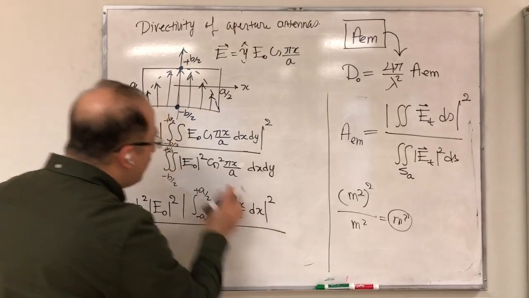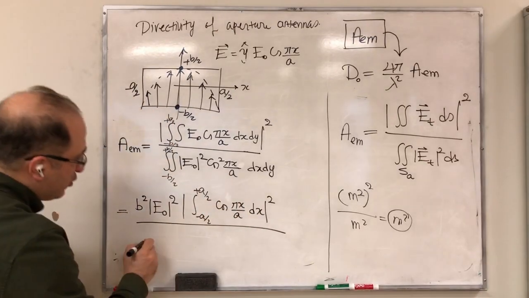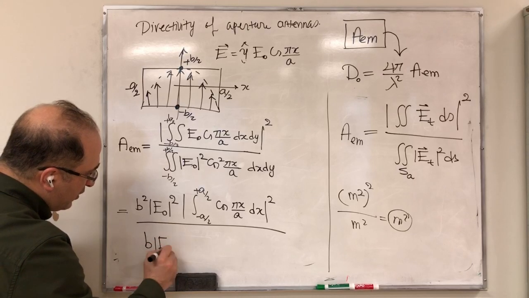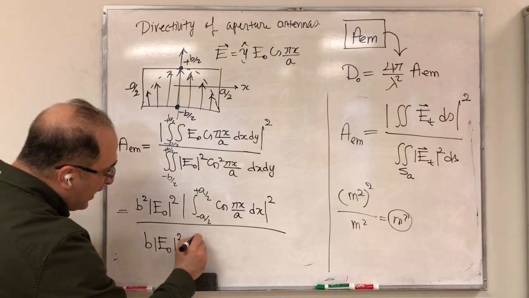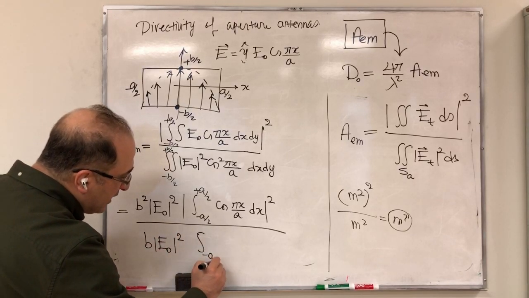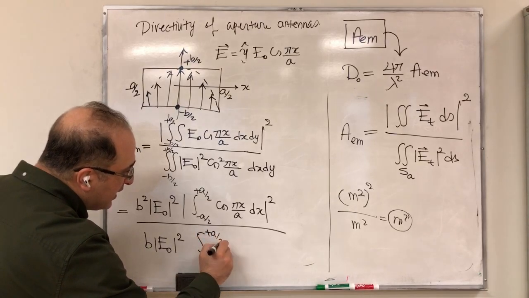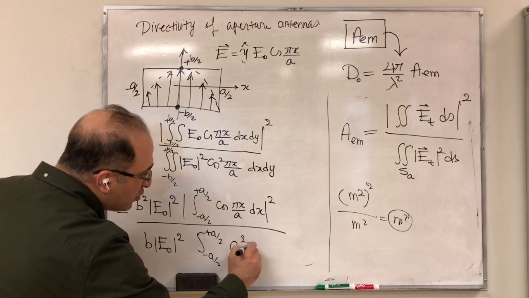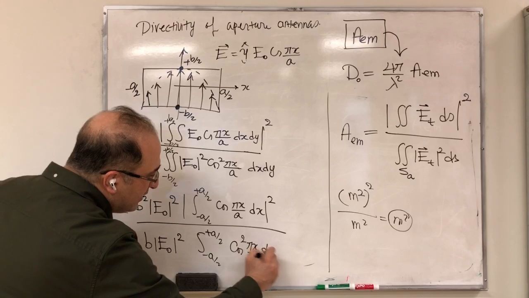And then for the denominator, you're also going to get your B, your E naught squared, and the integral from minus A divided by 2 to plus A divided by 2, this time of cos squared, cos 2 pi x over A dx.